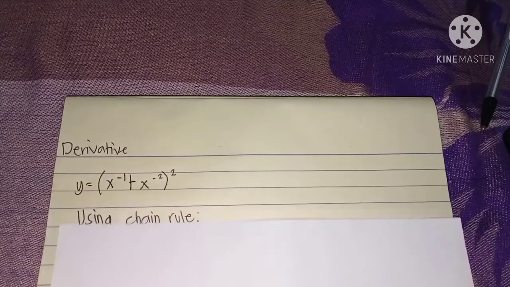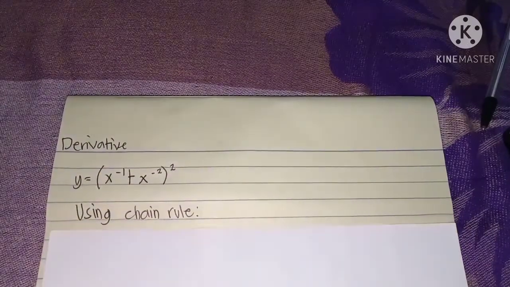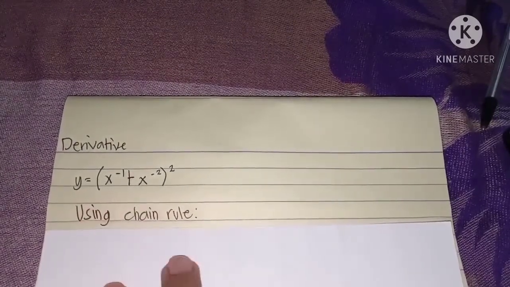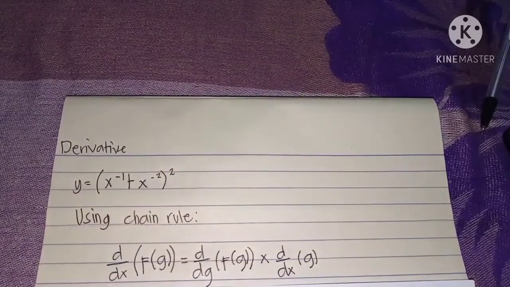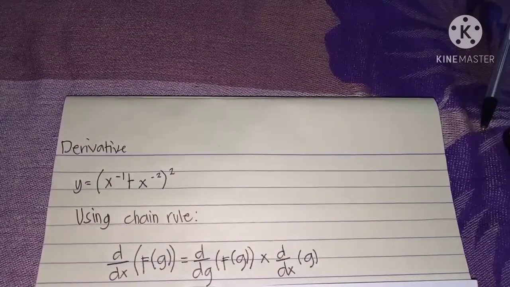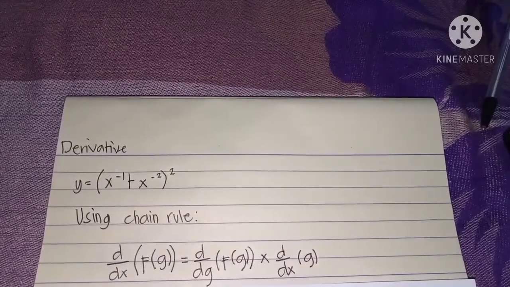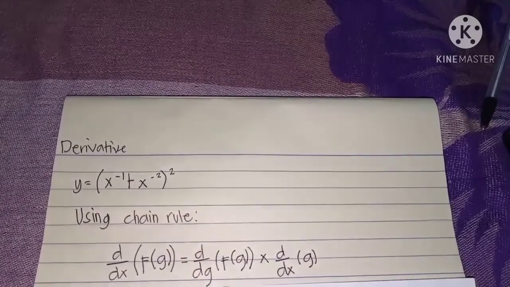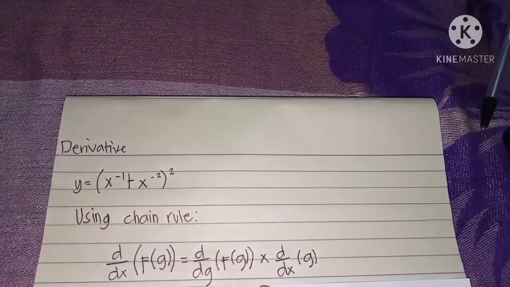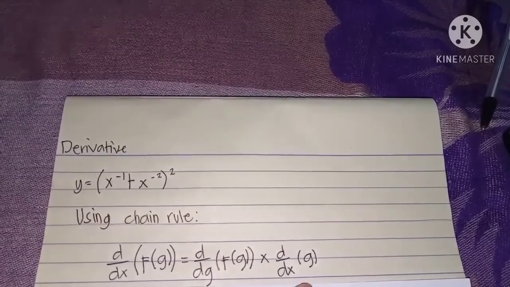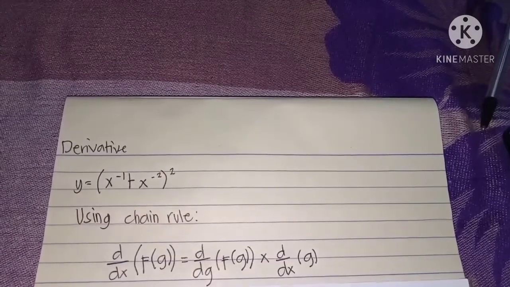So using the chain rule, we will get the derivative of this. Here's the formula: the derivative of f of g equals d over dg of f of g multiplied by d over dx of g.